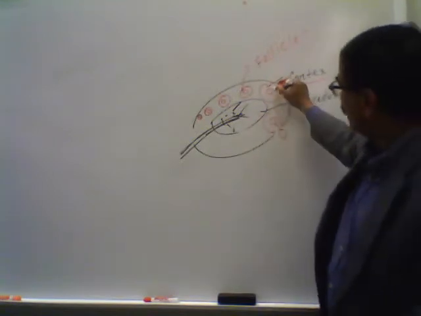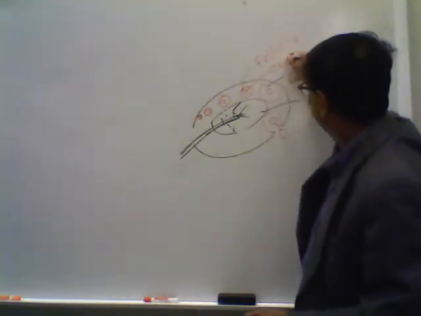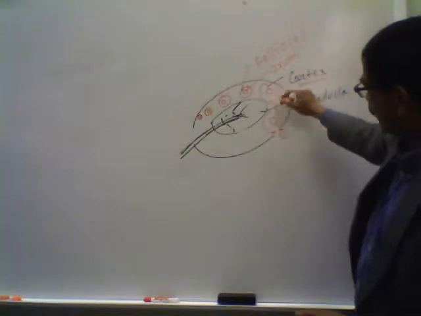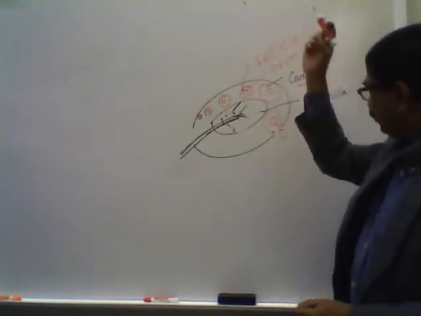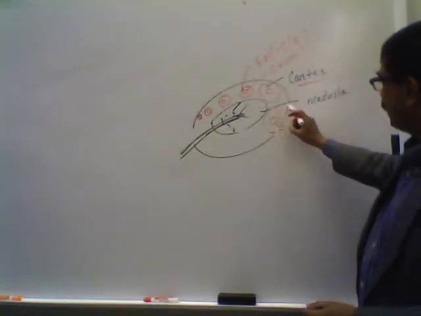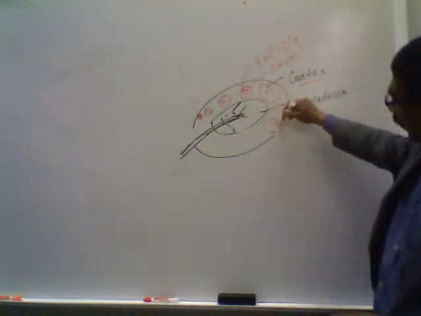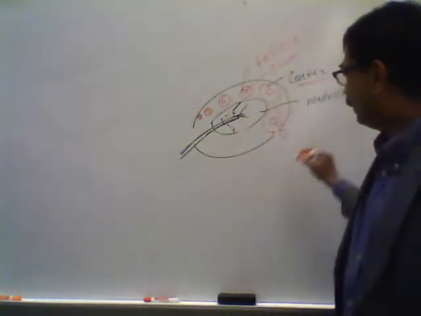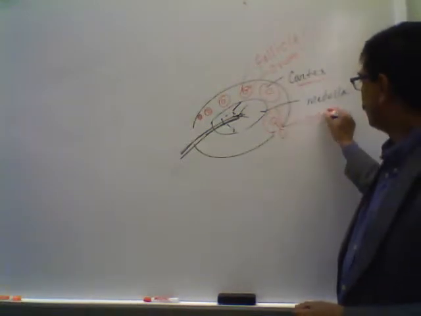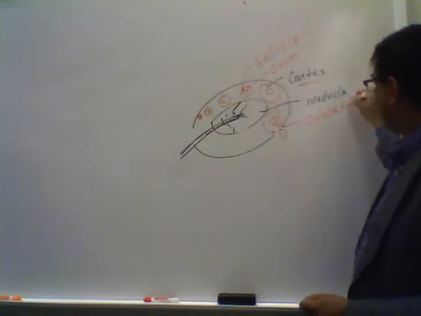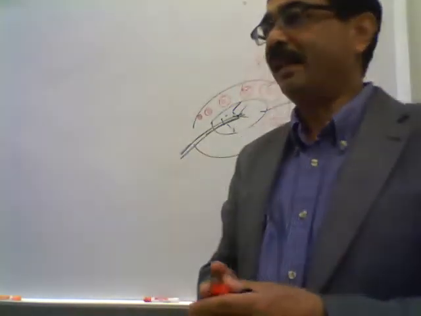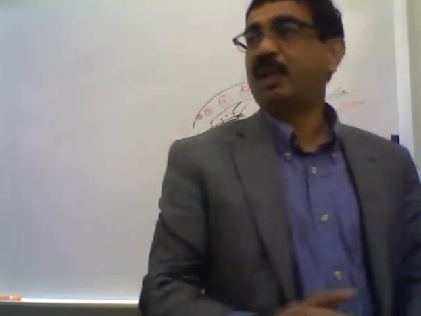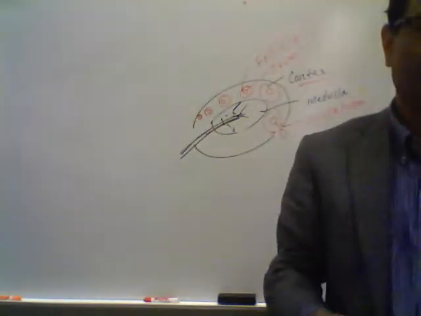So inside the follicle you have the ovum or egg, and the rupture of the follicle releases the egg to the outside of the ovary, and that is called the ovulation. Okay, that is the ovulation. Release of the egg to the outside of the ovary. That occurs due to the rupture of the mature follicle.